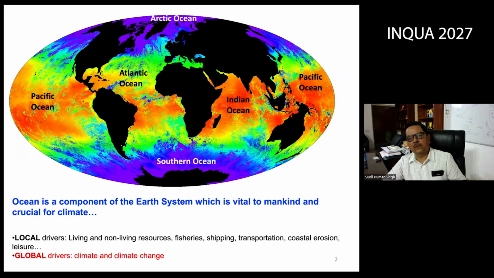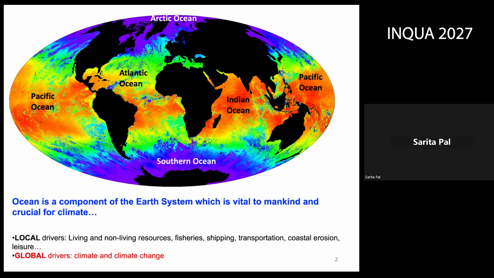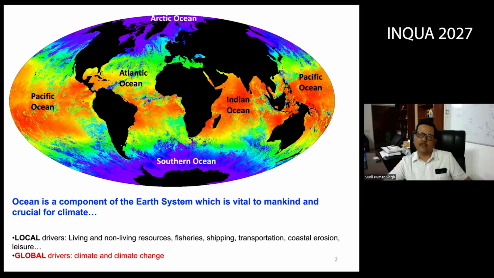Coming back to the ocean, oceans are a very important component of Earth system science. If you talk in terms of global drivers, they are controlling the climate and climate change.